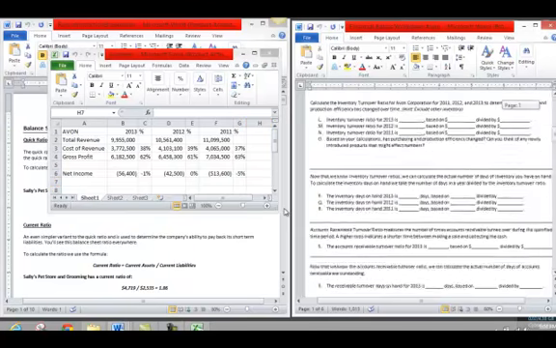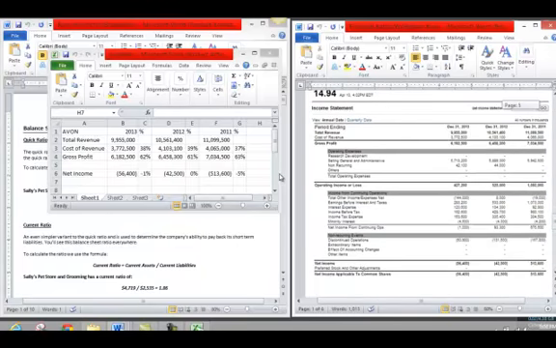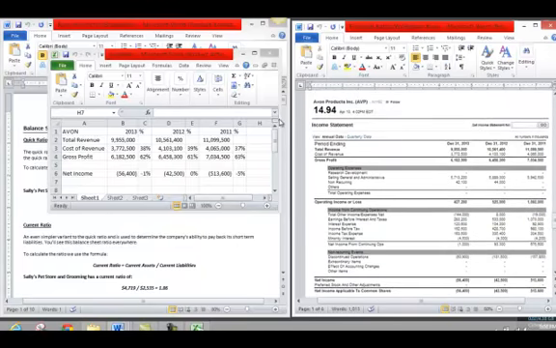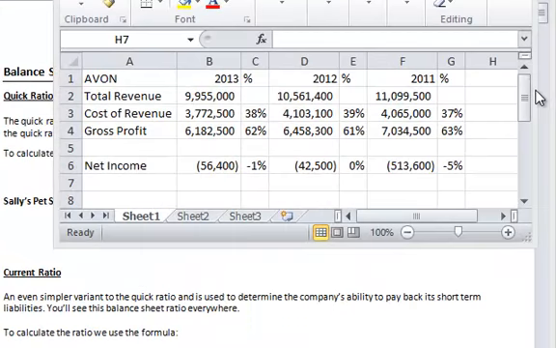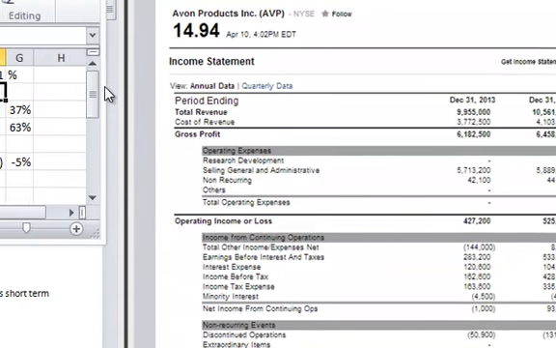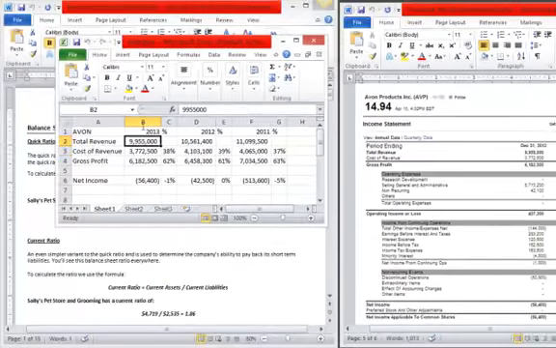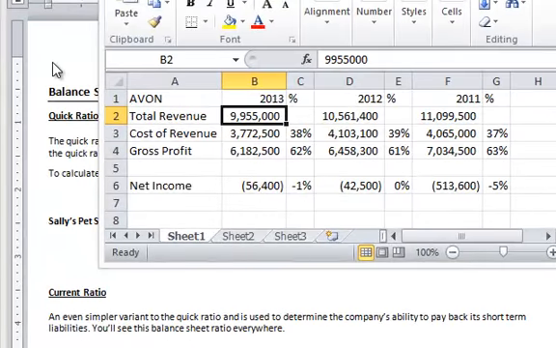So if we come down to the income statement for Avon right here, I didn't want you to have to wait while I typed everything in, so I've already got these items in, and if you look over here, you'll see that the items match.